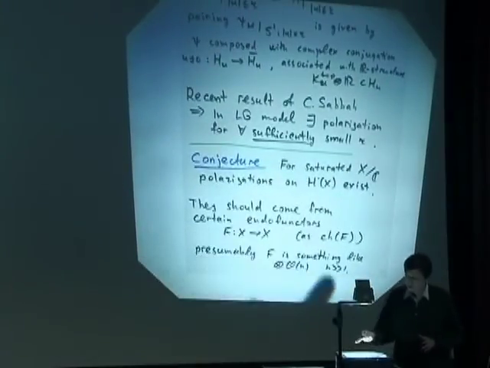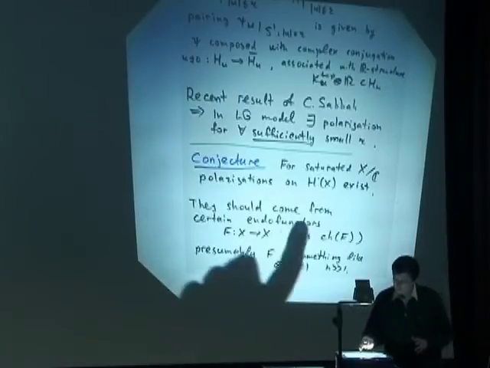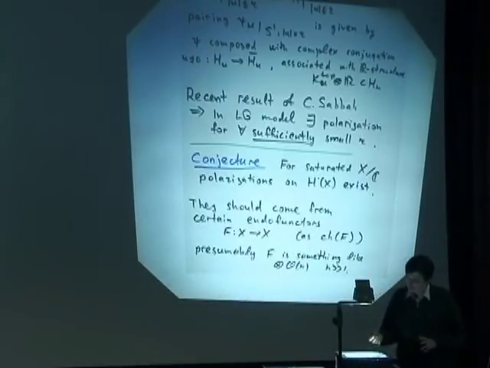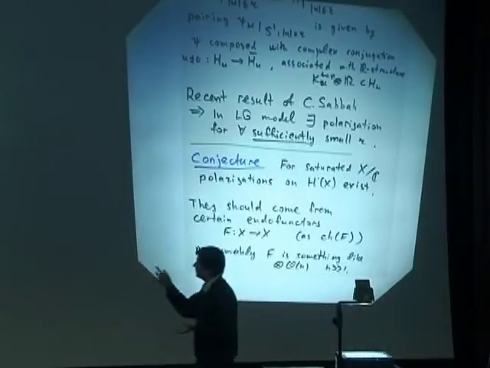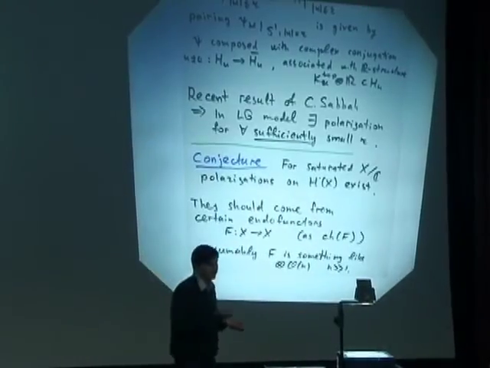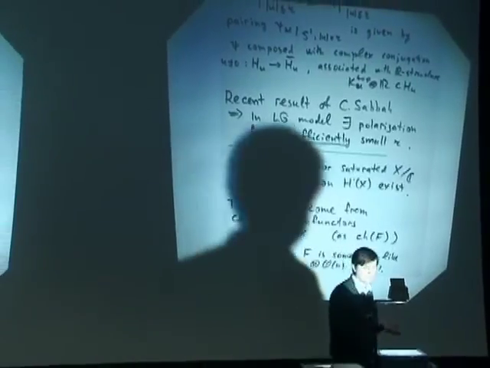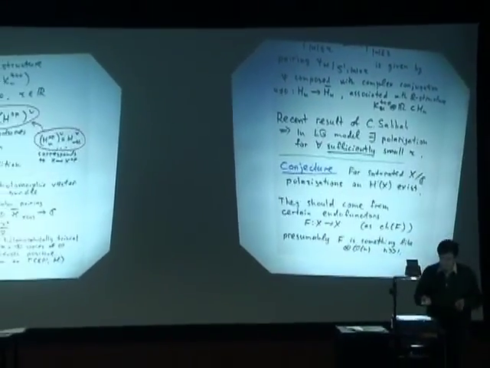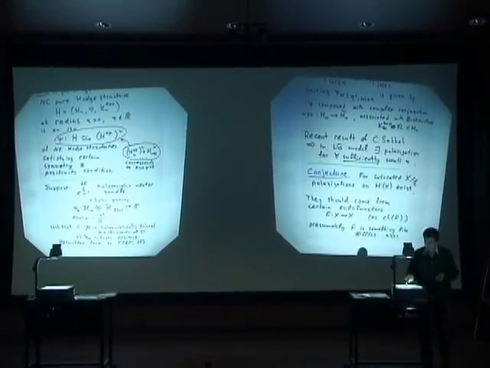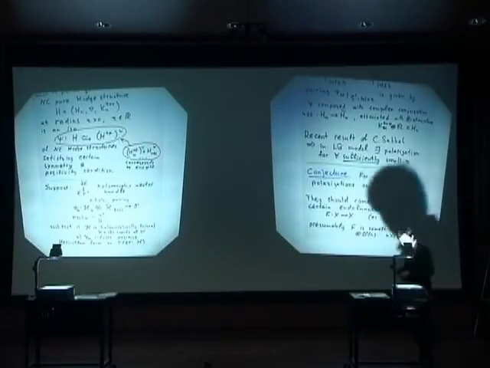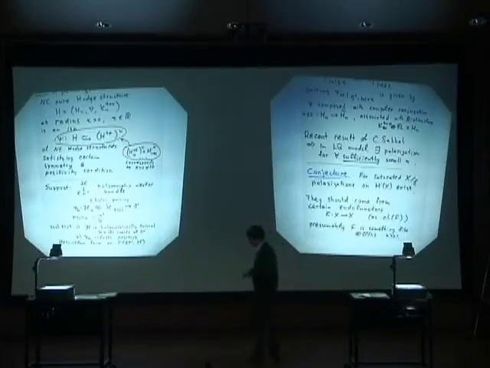For such things polarization should exist. And polarization is coming from this pairing, and if you analyze it, it should be the Chern class of some endofunctor. But the endofunctor, I have no idea what it is. My first guess was that it's multiplication by an ample line bundle, but it's not as easy. You need something like a lambda operation as well in cohomology, and it's not a thing which comes for free.